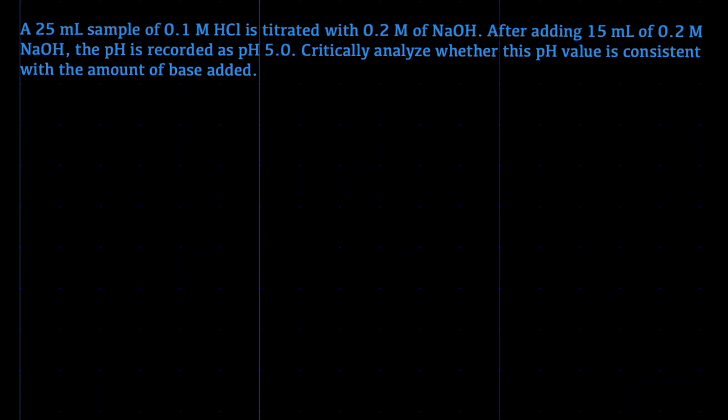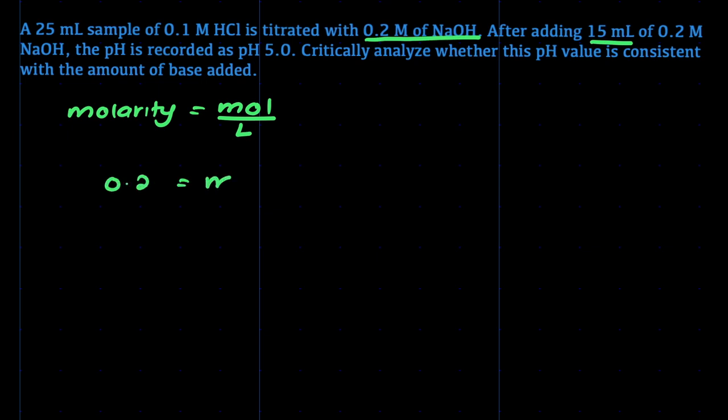Alright, next up we are going to do the same thing. We are going to use the molarity of the sodium hydroxide given in the question and also the volume that is given in the question. So molarity, again, is equivalent to mole over liter. The molarity given in the question is 0.2, and you want to find the number of moles, and the volume is 15 milliliters, so you need to divide this by 1000.